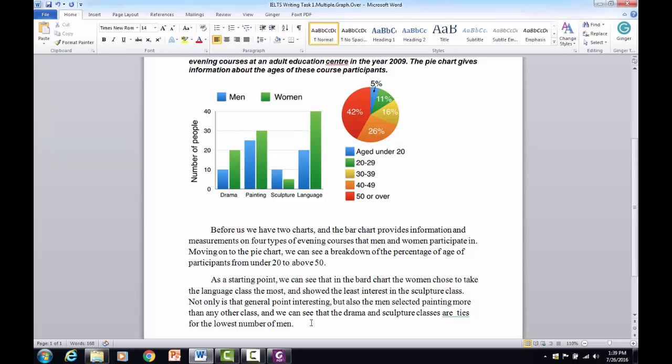So here we have 3 sentences that describe our general overview. All right, we have our 3 sentences that describe our general overview.